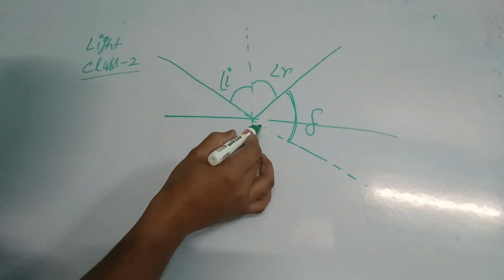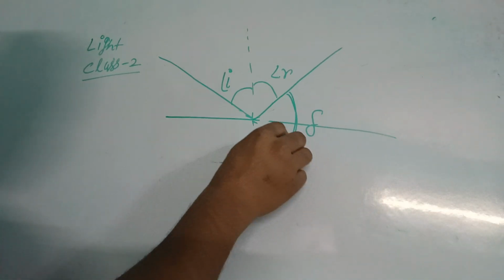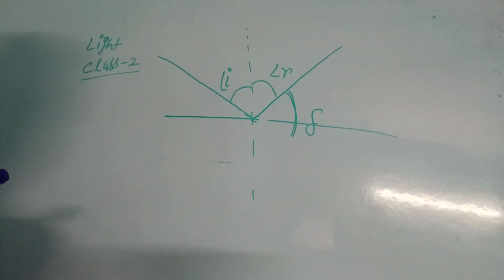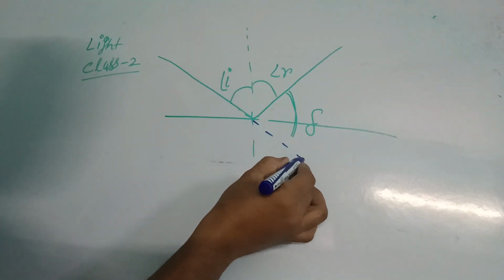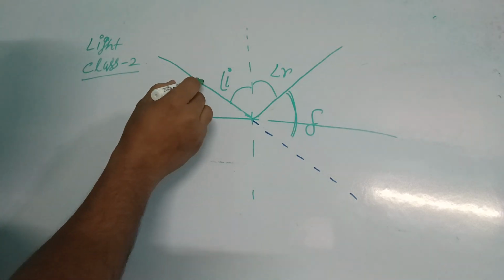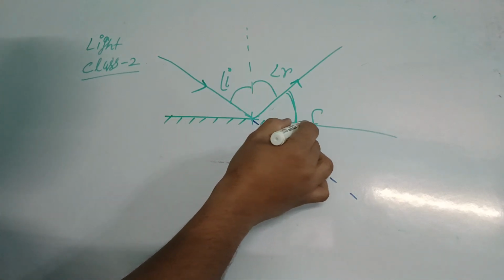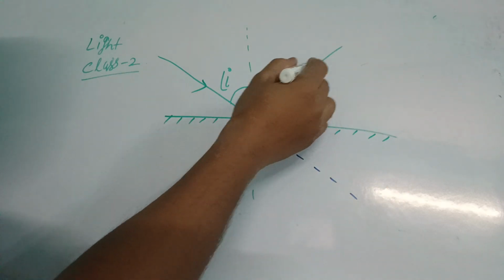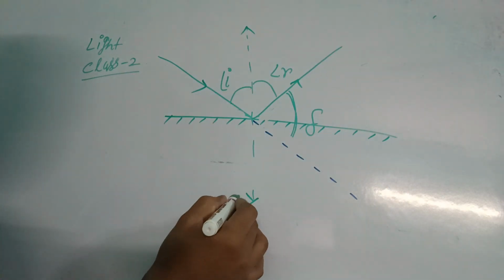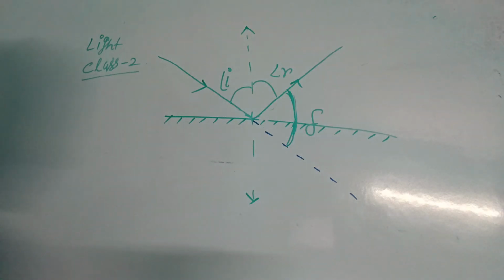Here, this is the extended incident ray. Without direction, a ray diagram is incomplete, so put the direction of the ray. This is incident, reflected, and that is the normal. The angle between the reflected and the extended incident ray is delta.